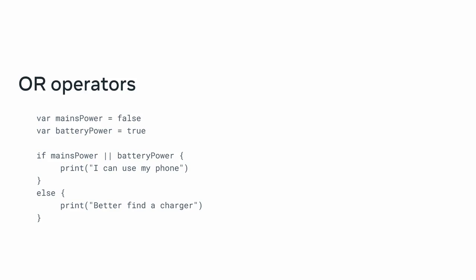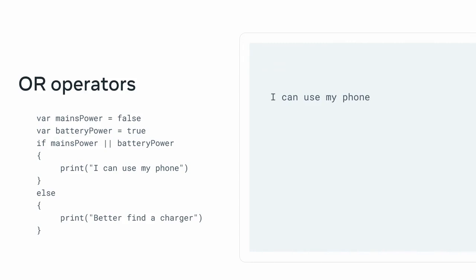The criteria here in the if statement uses the logical OR operator to check if either variable is true, and the else statement prints better find a charger when both conditions are false. Since the variable battery power is true, the if condition is satisfied and its block of code runs and prints I can use my phone.